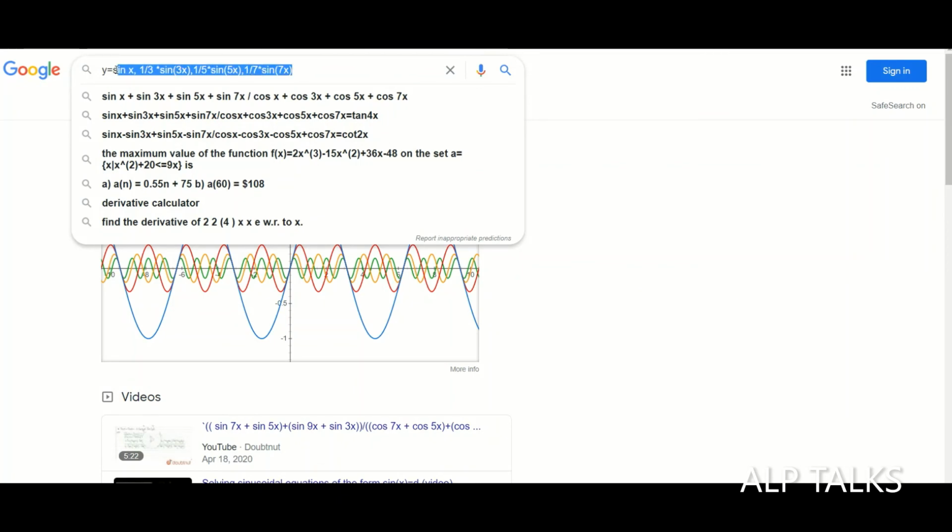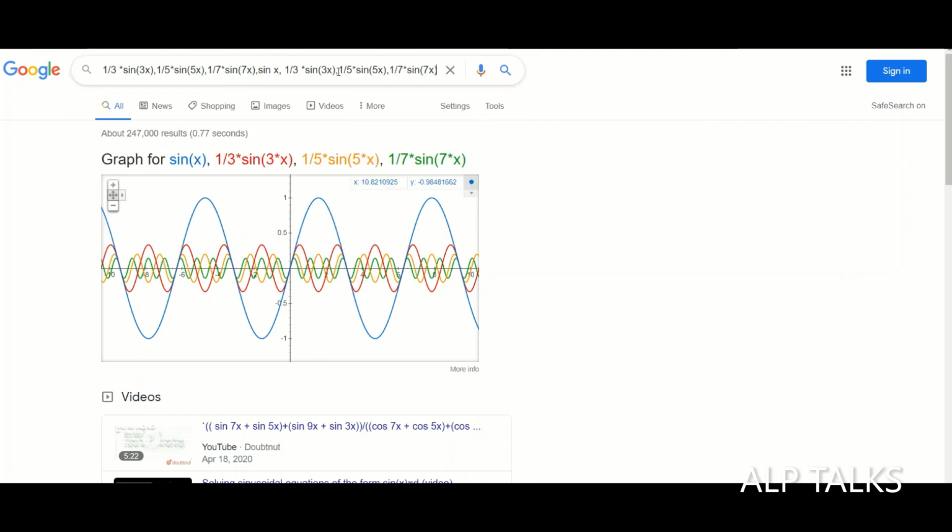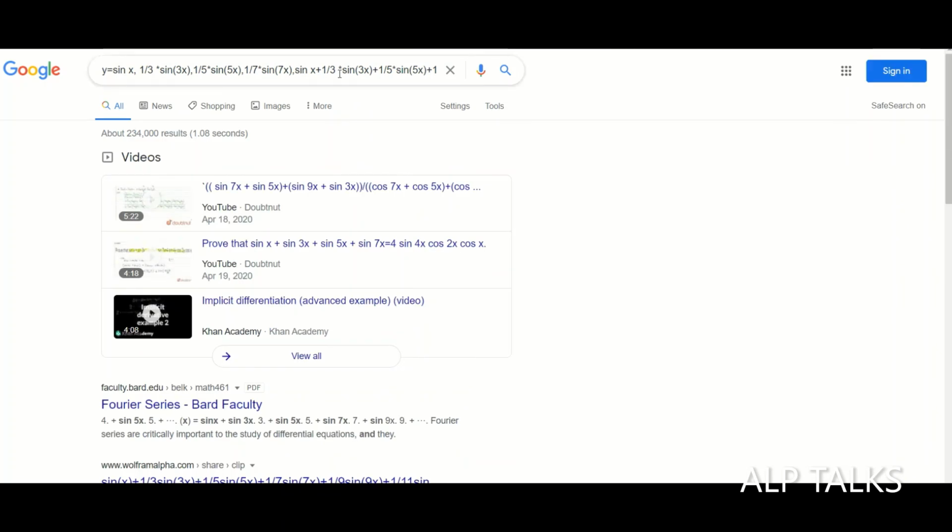Let's summate everything now, so I will keep a plus symbol for everything. Up to the 7th harmonic we are going to plot now. It's still not coming, so I'm going to eliminate one.